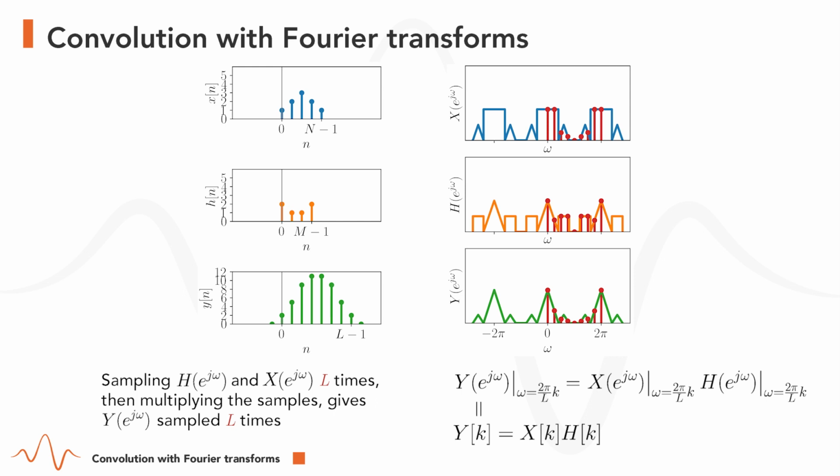Given signals x and h of length capital N and capital M, to take the convolution of x and h, we have to compute the discrete Fourier transforms of x and h at capital L points, multiply the two, leading to the discrete Fourier transform of y with length capital L equals capital M plus capital N minus 1, and then take the inverse discrete Fourier transform and obtain the result of the convolution, which is y of n.